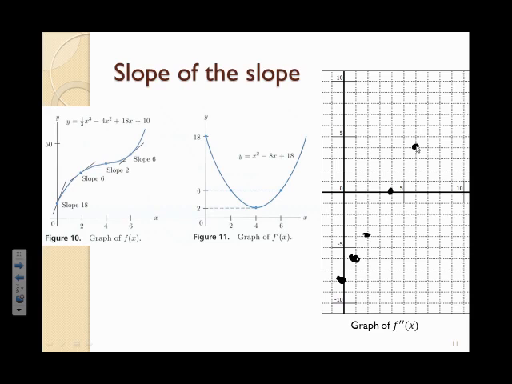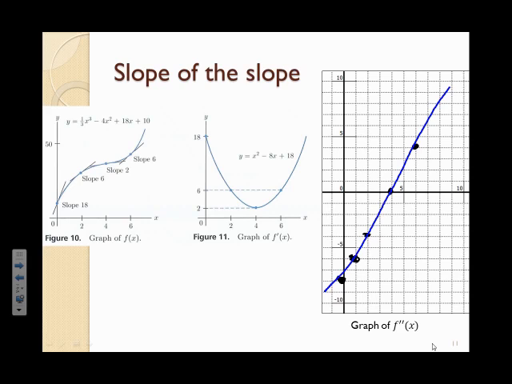So now, if we drew the line of this, what would the graph of the second derivative look like? Well, it would look a little something like that. So by taking and plotting the slope at each x value, we would get a straight line when doing this.